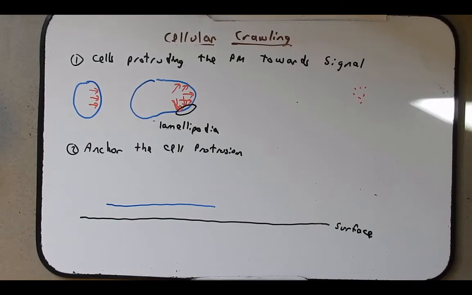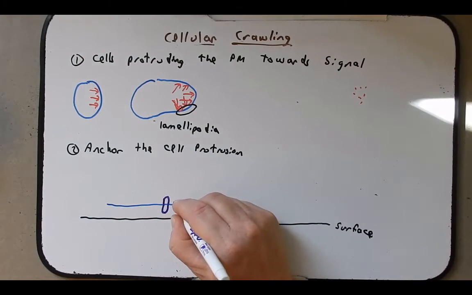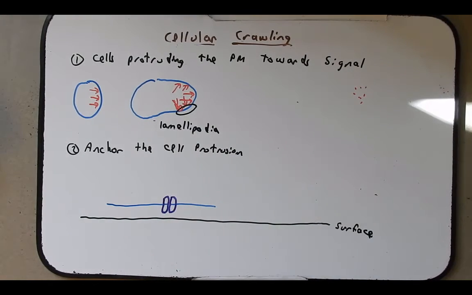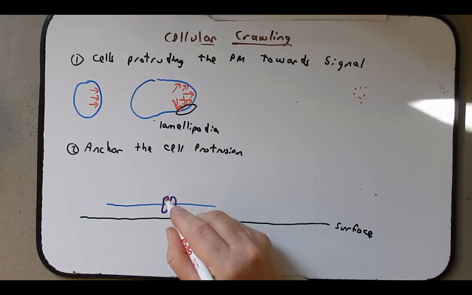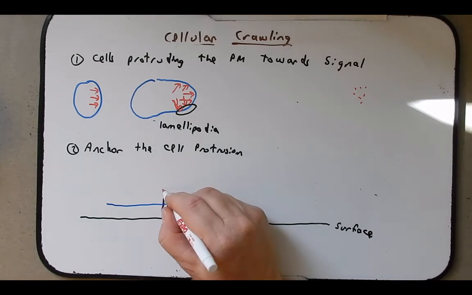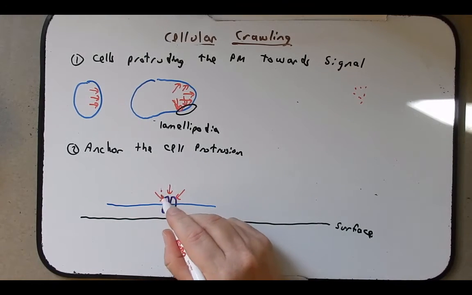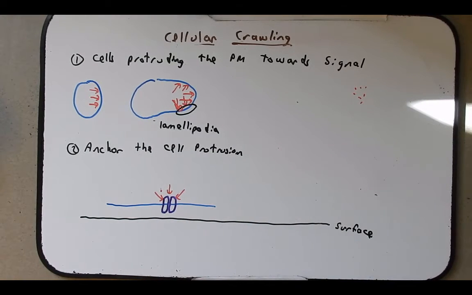Earlier in this semester, we talked about these proteins called integrins. And integrins are transmembrane proteins. And they're an important component of that cell cortex. And what these integrins are going to do is they're going to provide a mechanism where this protruding actin will interact with these integrins.